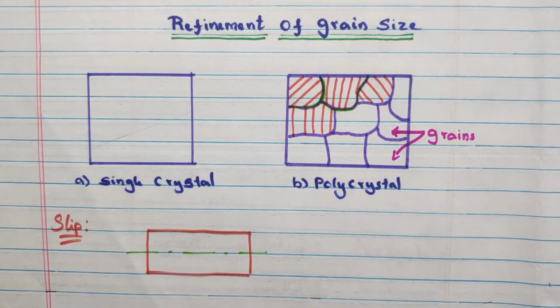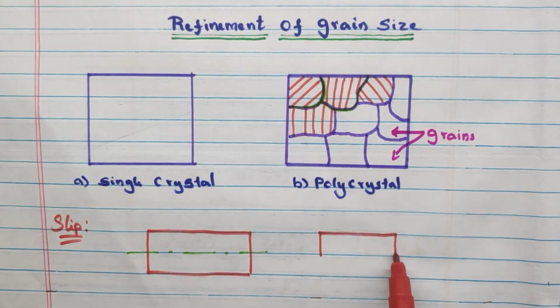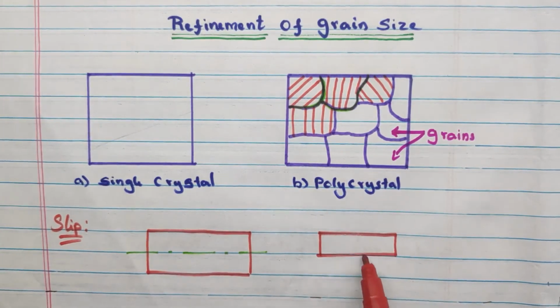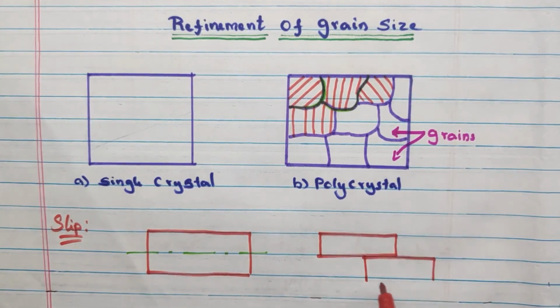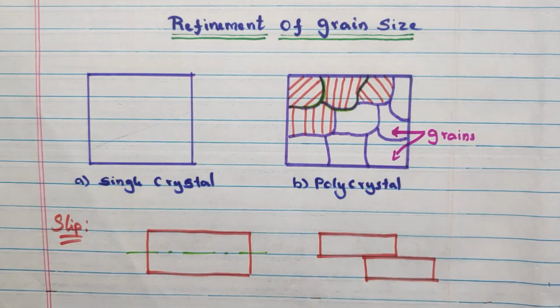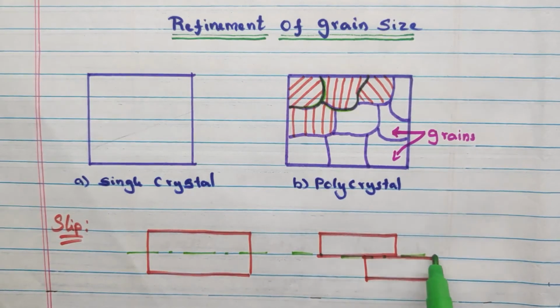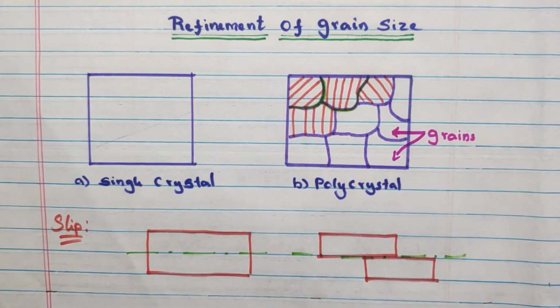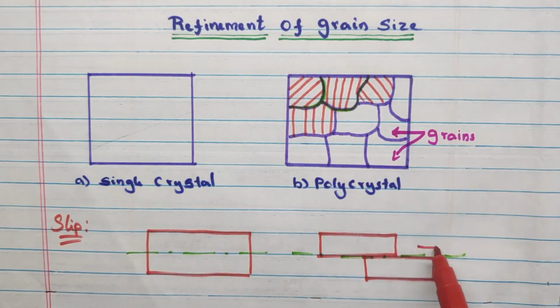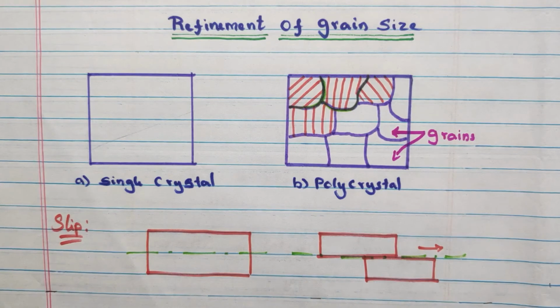When the slip happens, one part of the crystal glides along the slip line, something like this, so that you can see the dislocation in the material. The dislocation motion happens in this direction. So this is the slip.